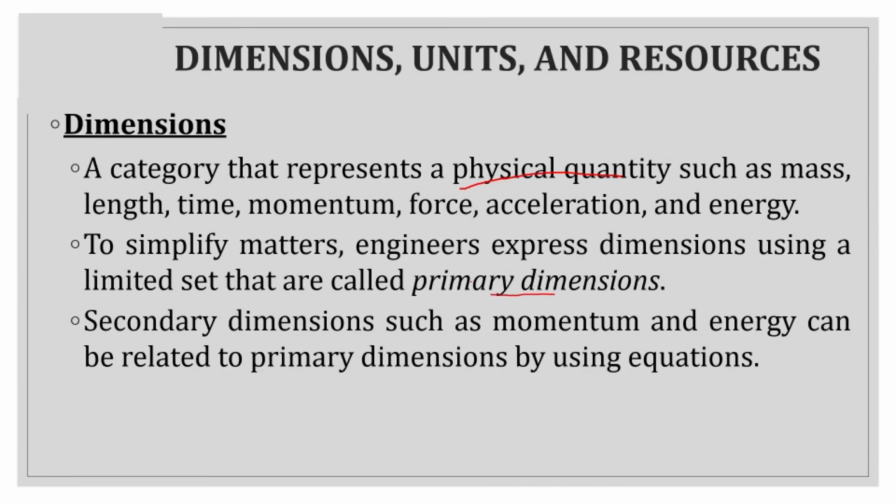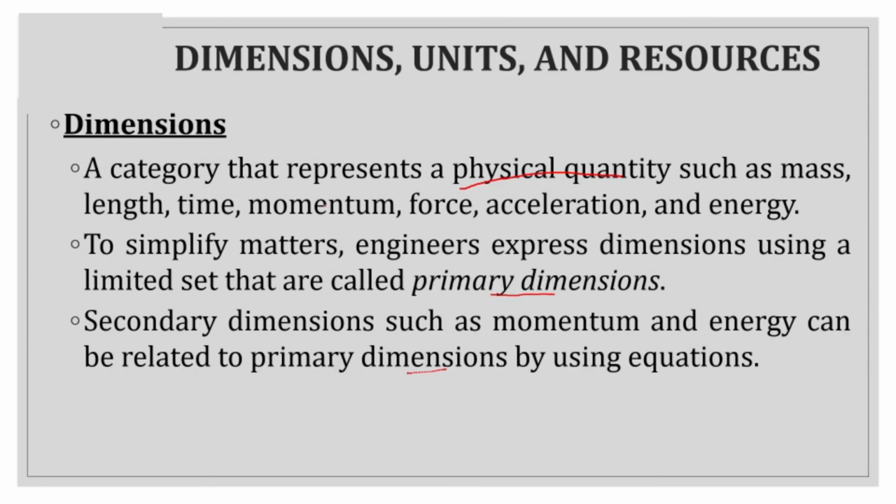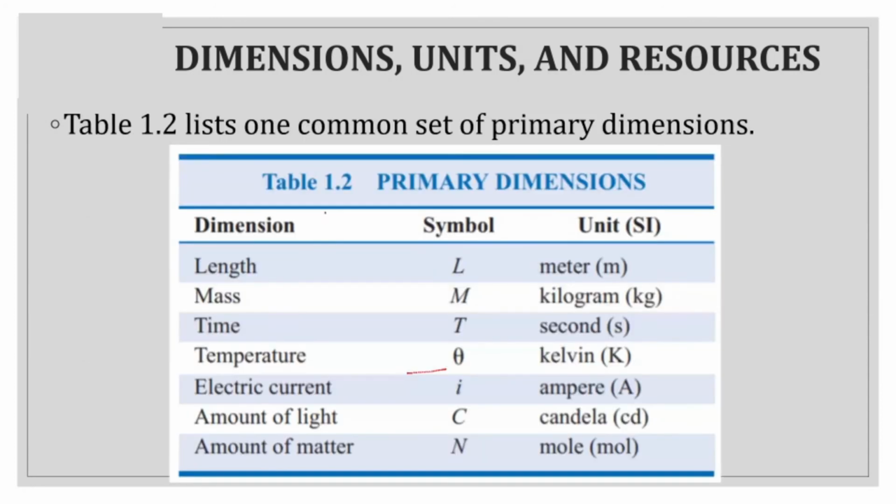If there is a primary dimension, there is also a secondary dimension, such as momentum and energy, which can be related to primary dimensions by using equations. This will be elaborated more on the next slide.